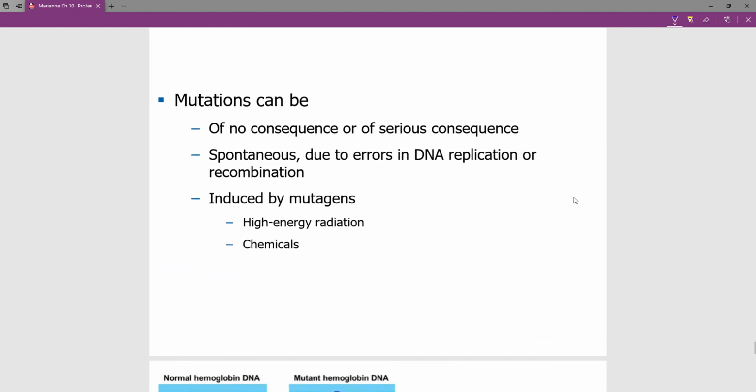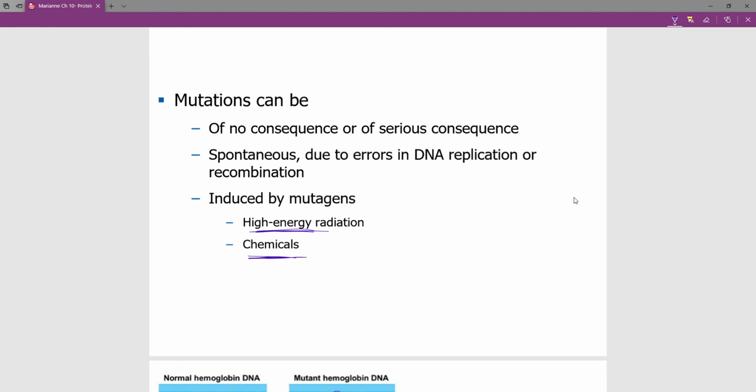So the summary of this is that mutations could be of no consequence or of serious consequences. They can be spontaneous, just from random errors. I don't know if you made any mistakes in your slide where we were practicing that, but it's pretty easy to do for us. So I'm sure at a cellular level, it's also difficult. It could also be induced. And so this is where we talk about that idea of isotopes and the danger of that, or chemicals in the environment.